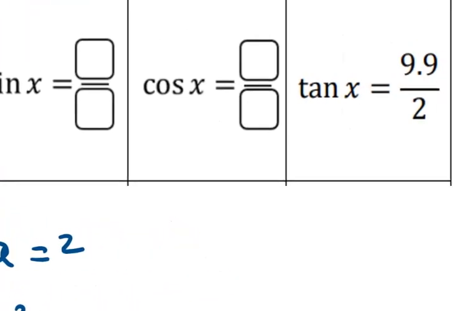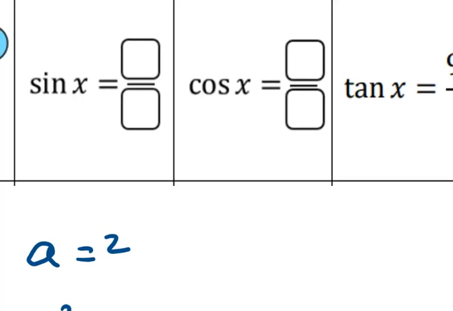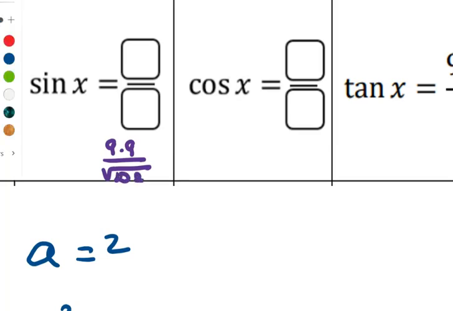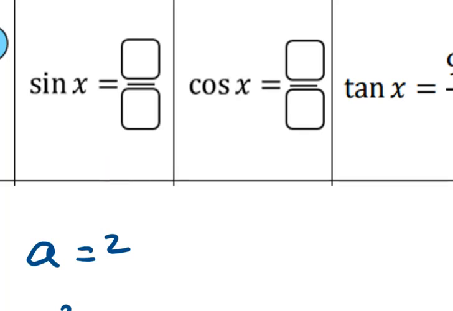Okay, so sine of x will be 9.9 over the square root of 102. And cos of x will be the adjacent, 2 over the square root of 102.